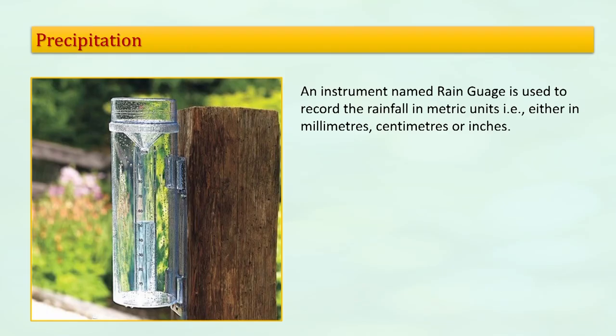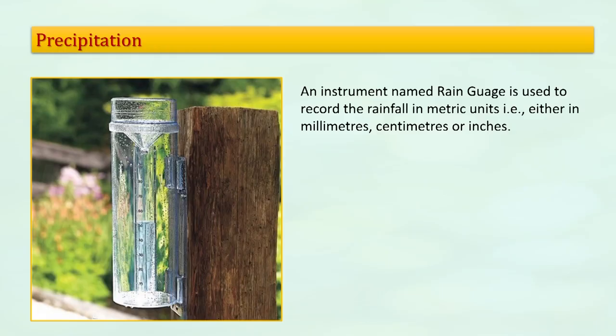Next is precipitation, especially rainfall. Snowfall is also a precipitation here. Anyhow, precipitation also has a major role in weather condition. In precipitation, especially the liquid fall, rainfall is measured by a rain gauge.